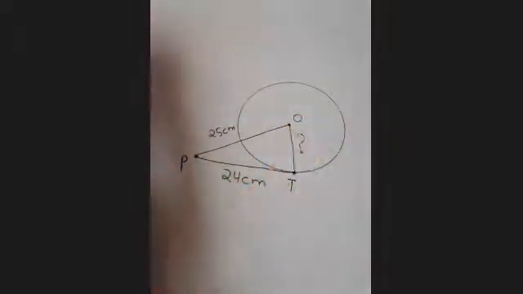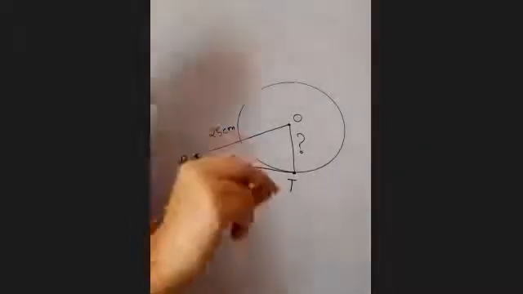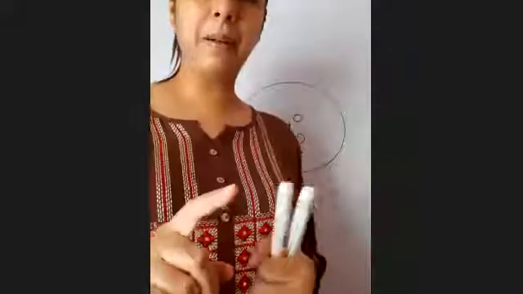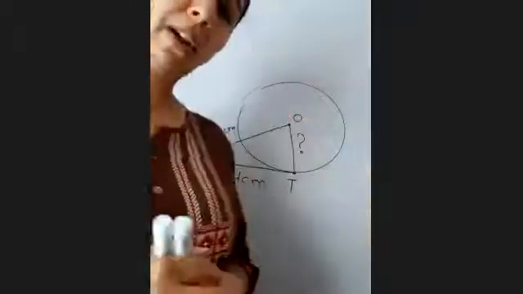This radius is OT. Can we do this, children? We'll apply Pythagoras theorem. Pythagoras theorem is applicable in what kind of triangles?